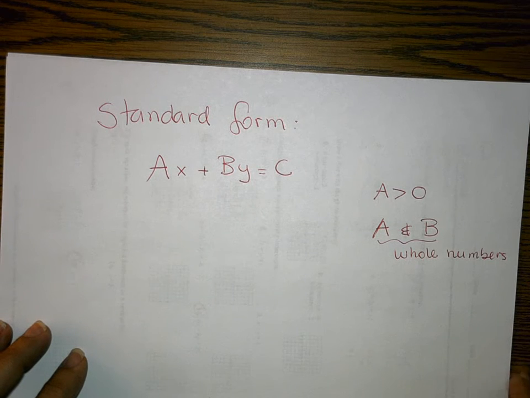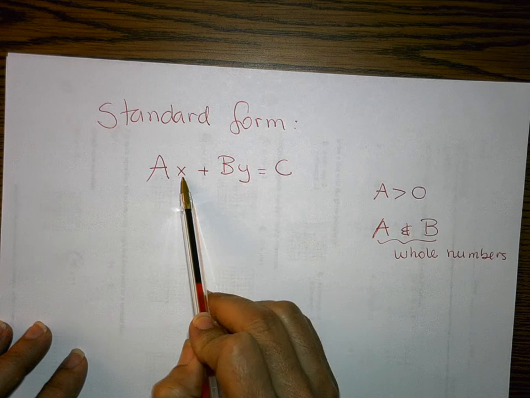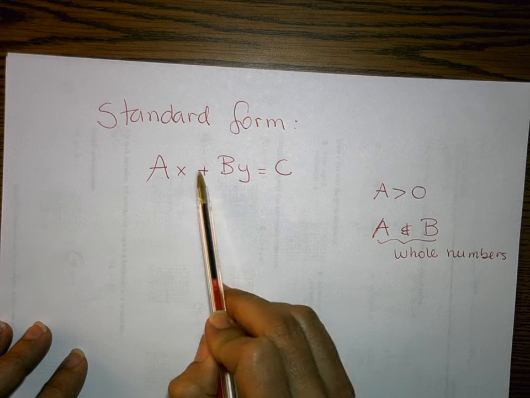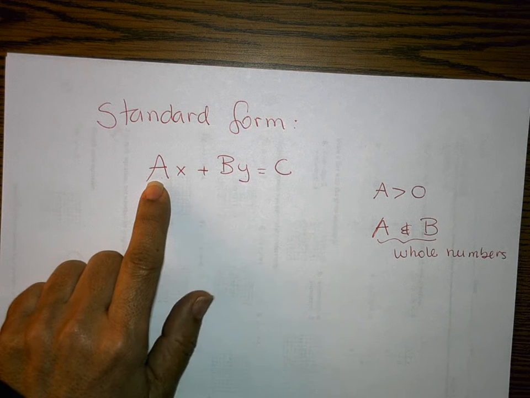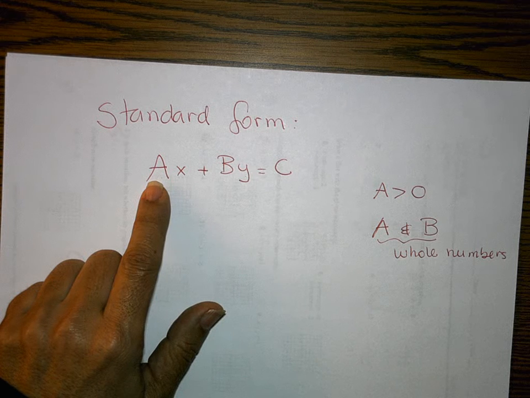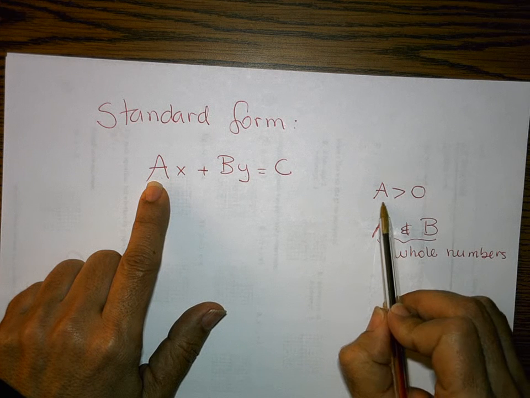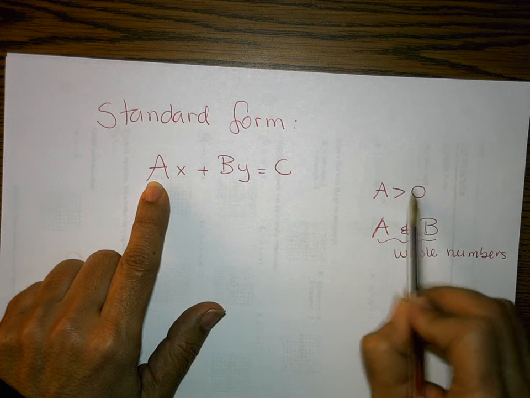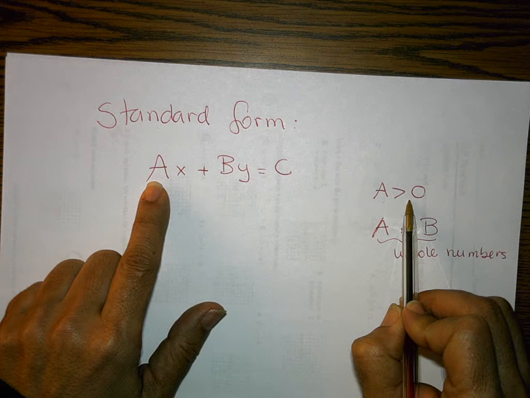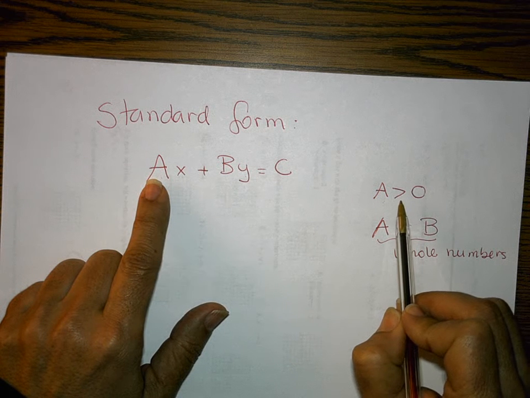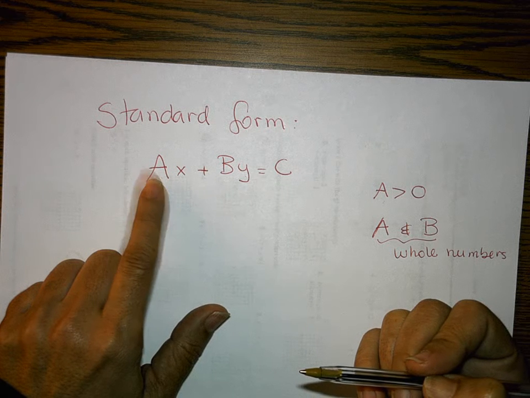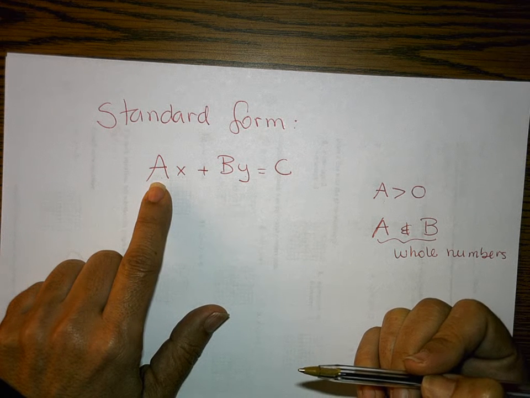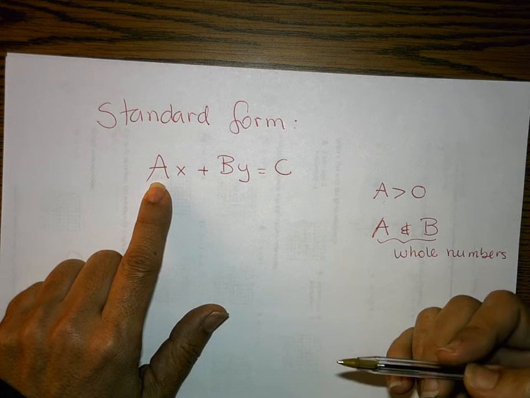Let's take a look at a little more information about the standard form. The standard form is a times x plus b times y equals c. This value of a, usually we want it to be positive, a greater than 0. It is one of the definitions of a standard form. But as I was looking at your worksheet, I noticed that sometimes they give you the a value as negative, so I don't want you to be alarmed.